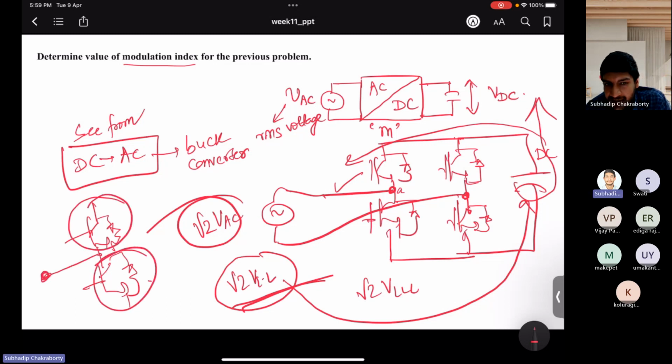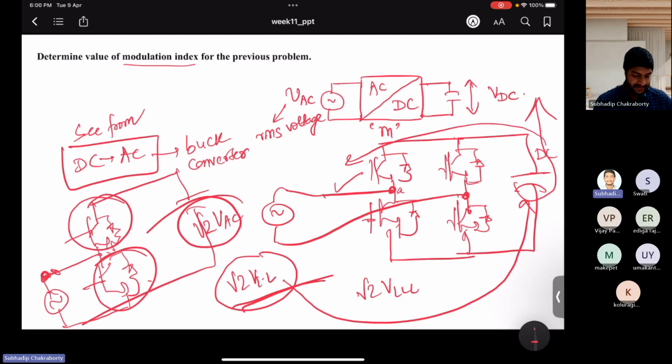When one is on, the other will be off, and it is a buck converter only, because on this side you are getting the AC voltage, with another being neutral. This side you are giving the DC voltage. It is nothing but a buck converter, right? With some inductor and the source impedance there. This simply resembles a buck converter in action.